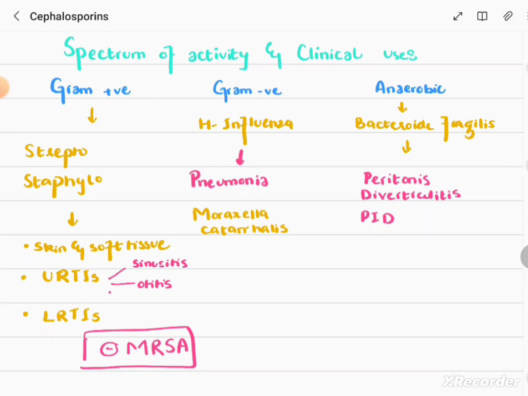So we use cephamycins for the treatment of these infections because they have activity against the anaerobic bacteria that cause them. Although cefuroxime does cross the blood-brain barrier, it is very less effective for the treatment of meningitis. So we do not use any second generation cephalosporin for the treatment of central nervous system infections.